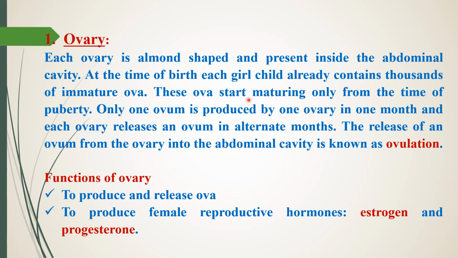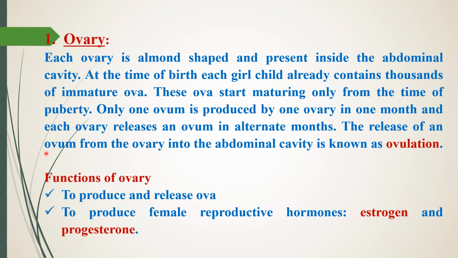These ova start maturing only after the time of puberty. Only one ovum is produced by one ovary in one month, and each ovary releases an ovum in alternate months. The release of an ovum from the ovary into the abdominal cavity is known as ovulation.